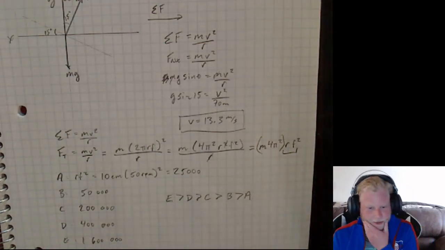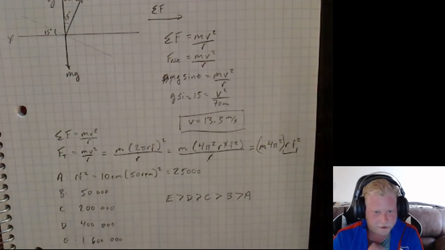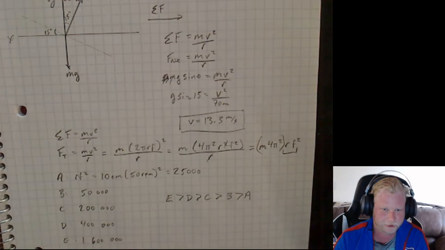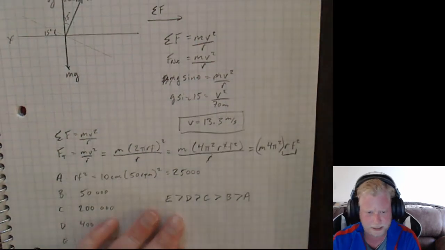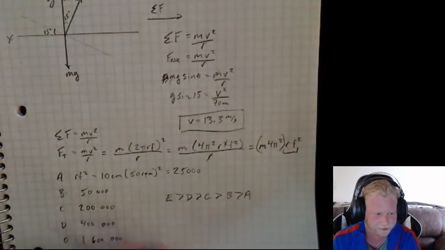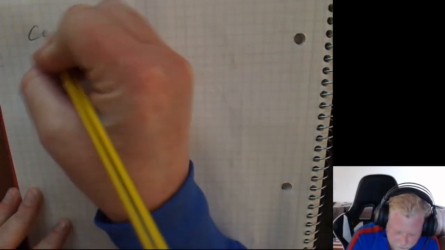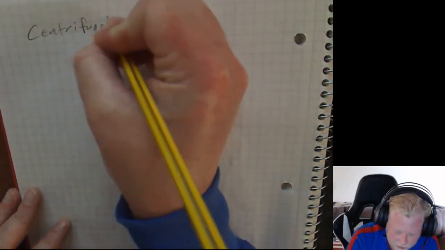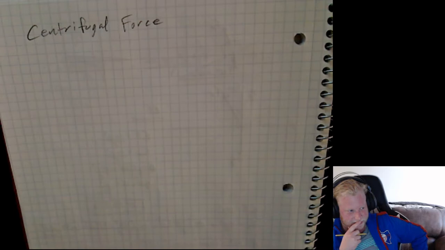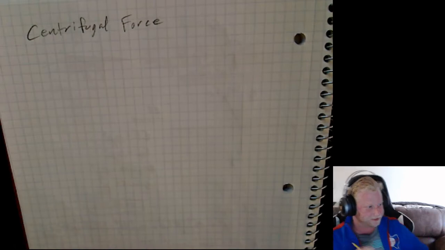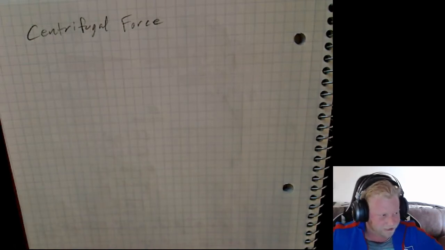And so the last thing we want to cover in today's video is what we call apparent forces in circular motion. Keep in mind there's a term that you've probably heard quite a bit, and that is centrifugal force. Now, this is a fake force. It doesn't exist. The problem is 99.9% of people believe that there is a centrifugal force.